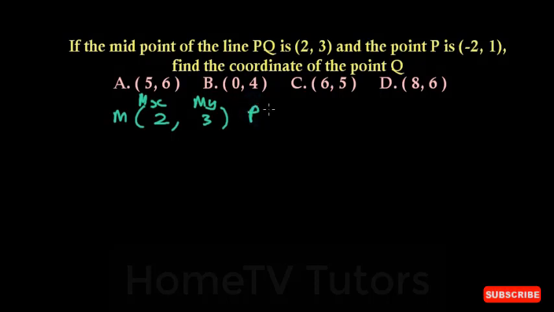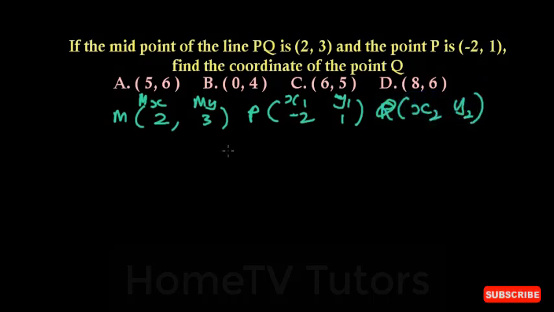Then the coordinate at P is x1, which is -2 as given, and y1, which is 1 as given. Then the point Q is what we're looking for, x2 and y2.